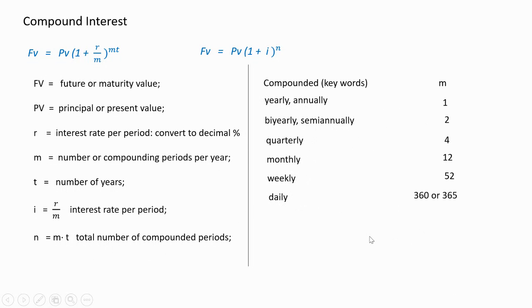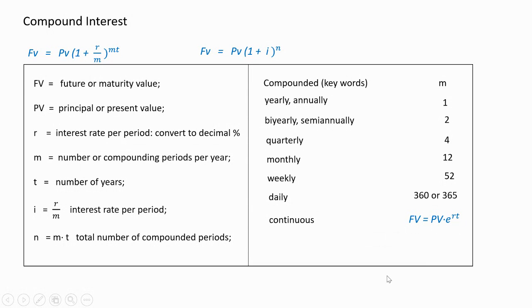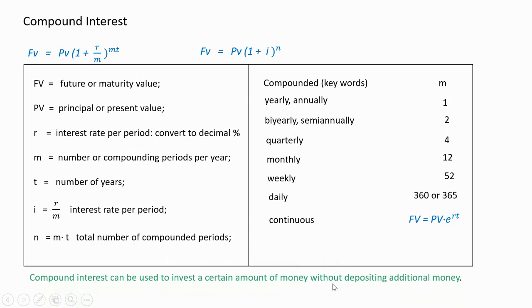And also, there's another formula called compounded continuous. Continuous is a whole different formula, which is future value equals present value times e to the rt. Okay, so let's do an example. And again, how do we use compound interest? Compound interest is to invest a certain amount of money without depositing additional money.